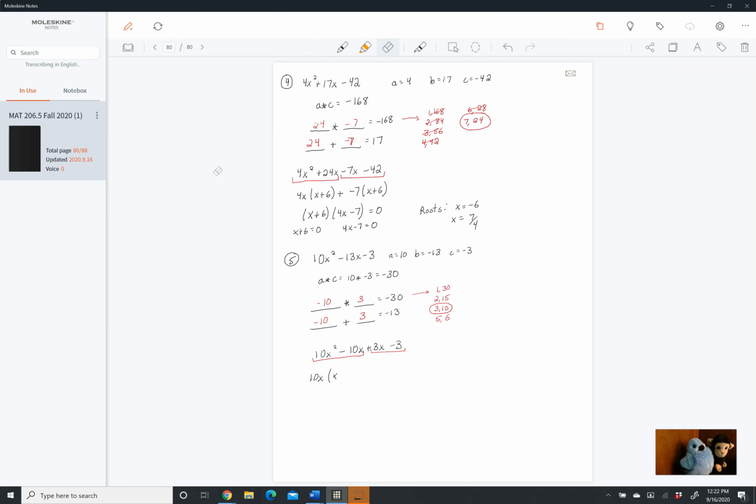Looks like it. We are left with an x minus 1. And then we could pull out a 3, and we're left with an x minus 1 again. Okay. That means we have x minus 1 that we could pull out, and then we have a 10x plus 3 that we could pull out.